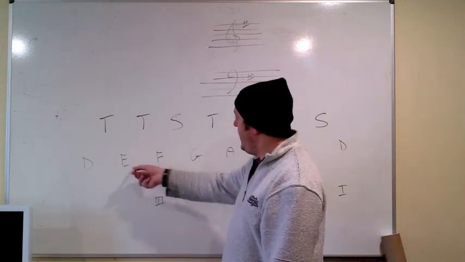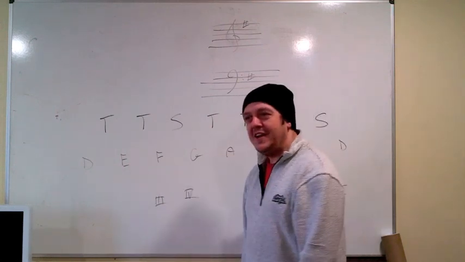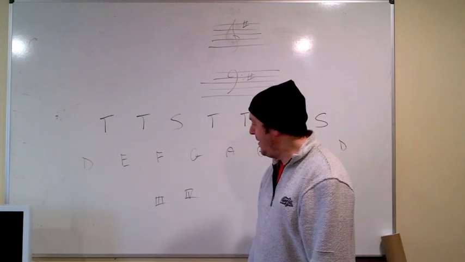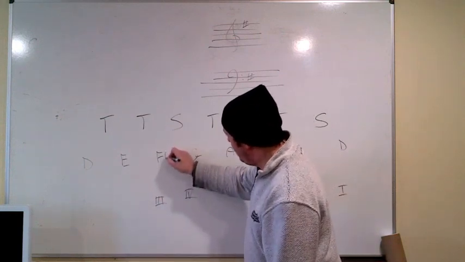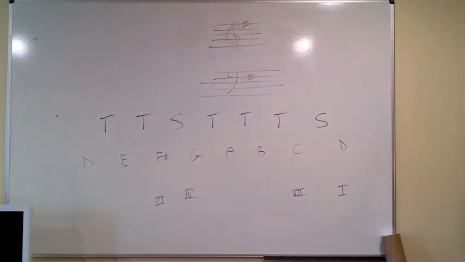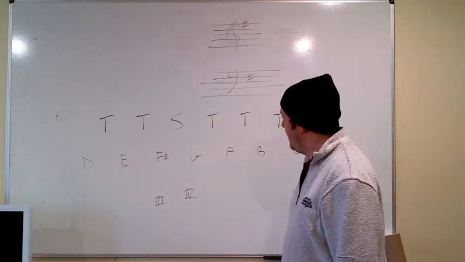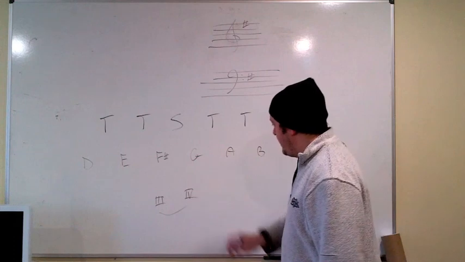Yes. E to F, is it a tone? No. E to F is a semitone. So what do I need to do to the F? Sharp. F sharp. F sharp to G is now a semitone as we need it.